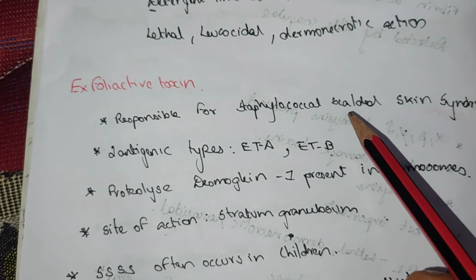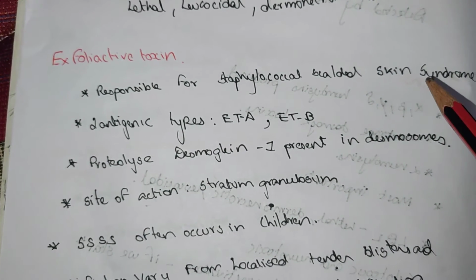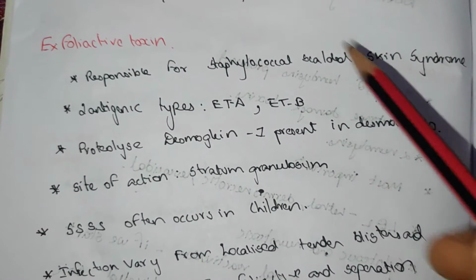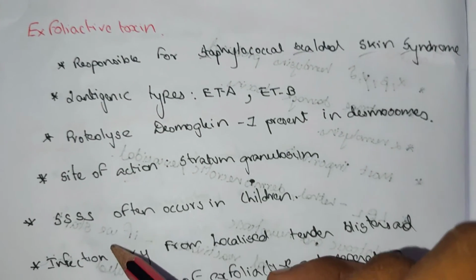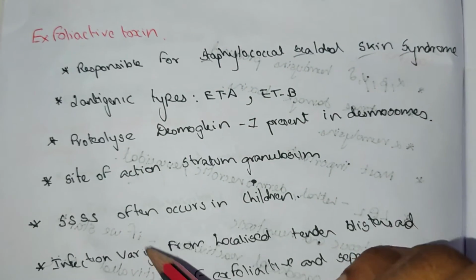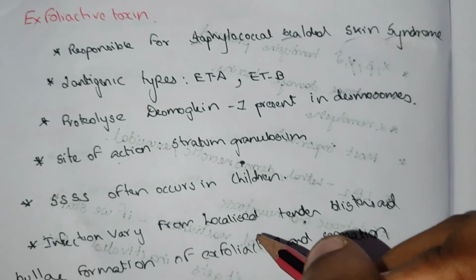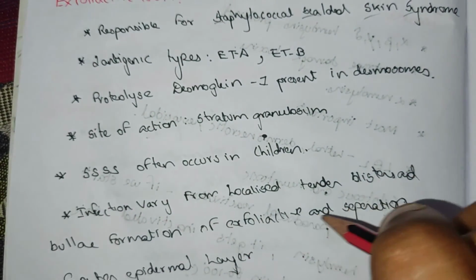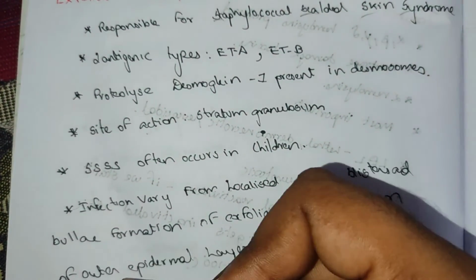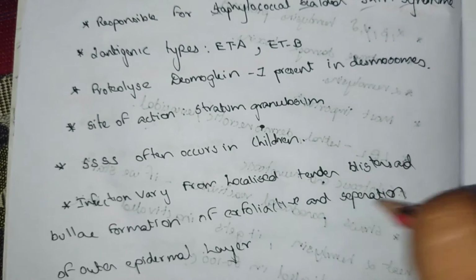Staphylococcal scalded skin syndrome is collectively known as SSSS. The infection varies from localized tender blisters to bullae formation with exfoliative separation of the outer epidermal layer.